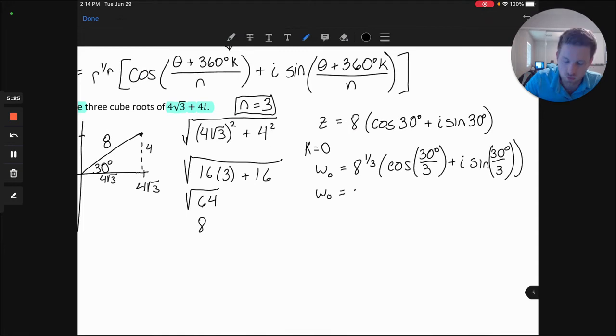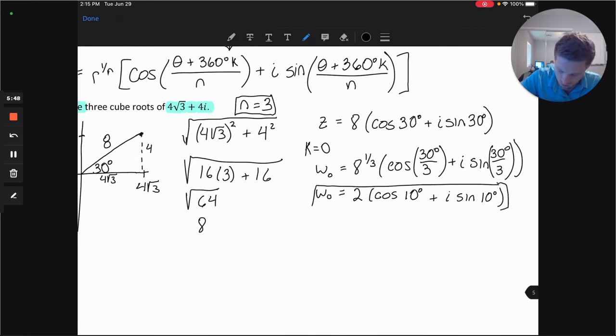This will be 2 for 8 to the 1/3, and we'll have cosine of 10 degrees plus i sine 10 degrees. And that will be my first cube root. So we are 1 down, 2 to go.